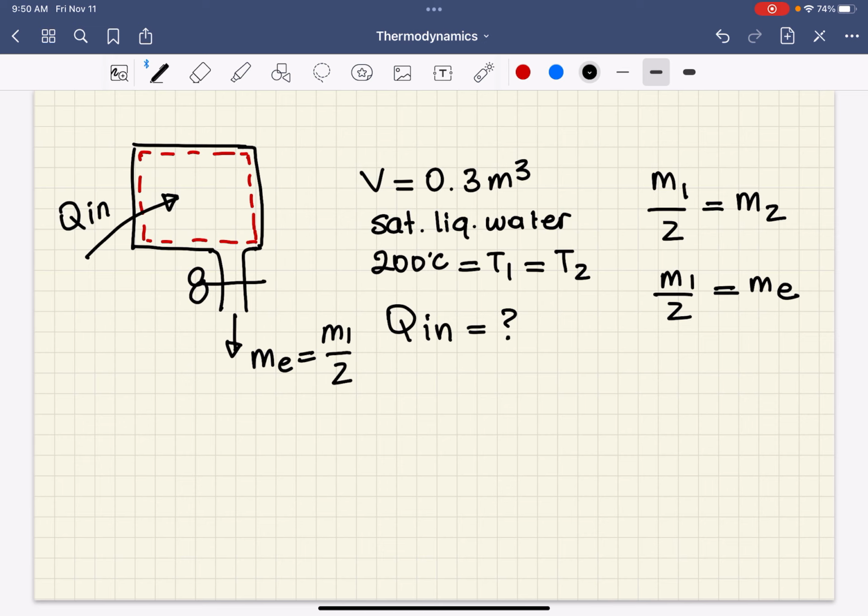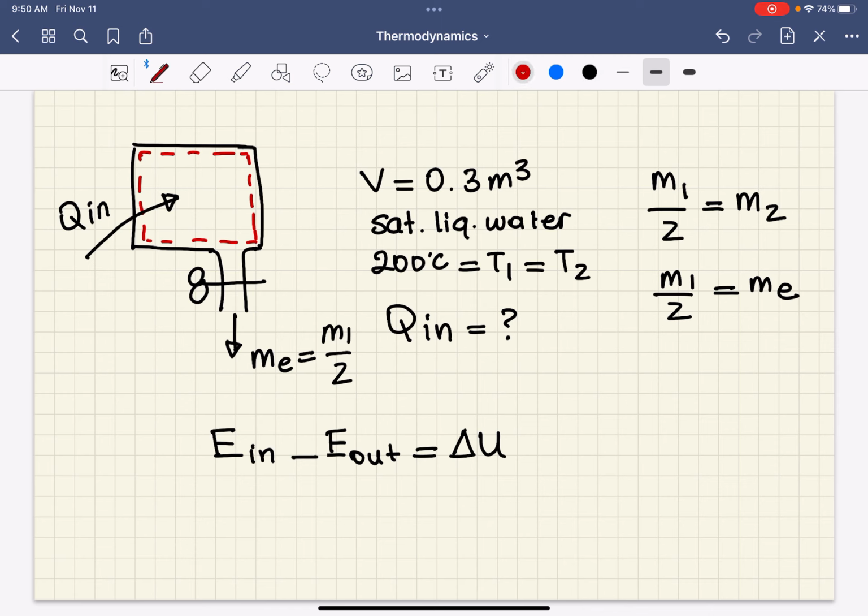Once we identify that, now we can write down the energy balance on an unsteady flow device. We always, in all cases, start with the general form of the energy balance: energy getting in minus the energy getting out is equal to the change in the energy of that system.